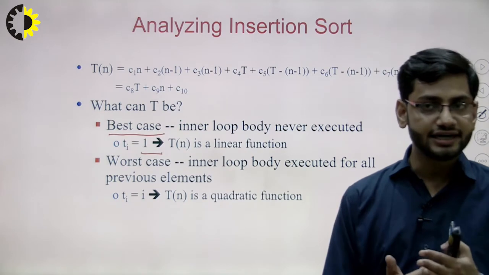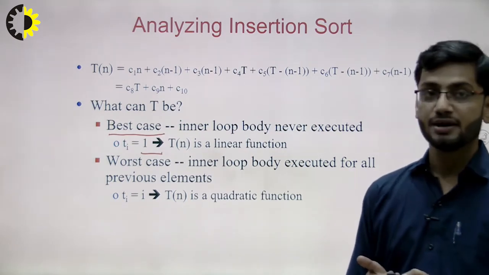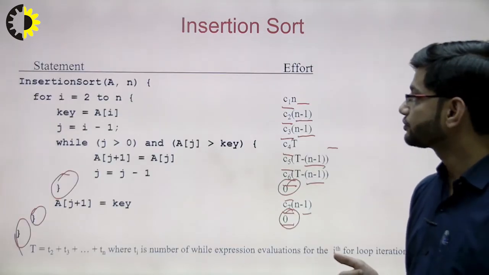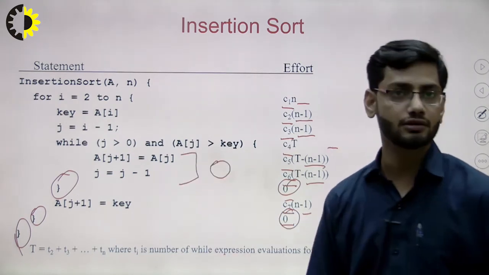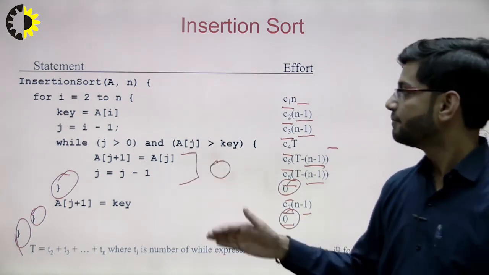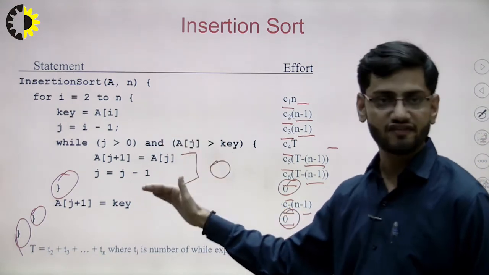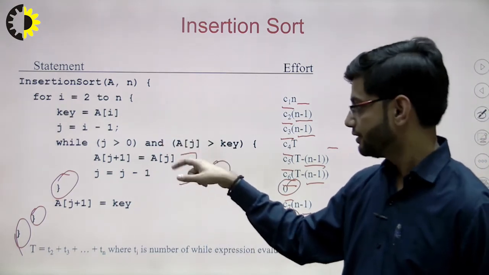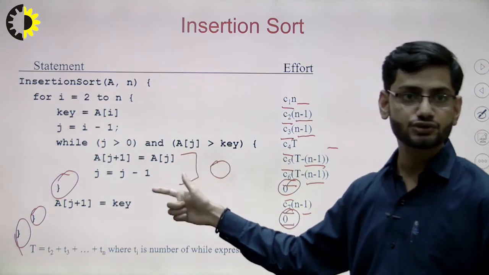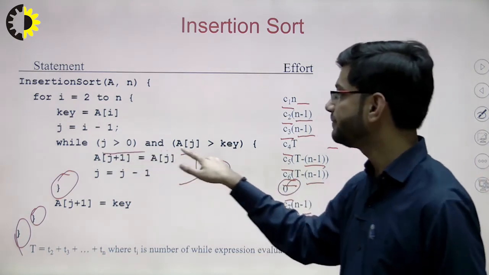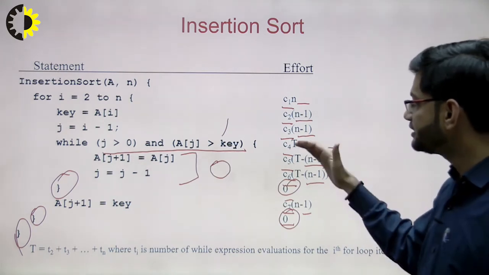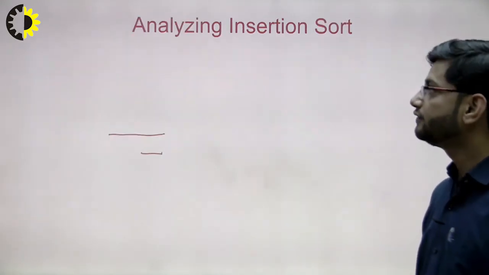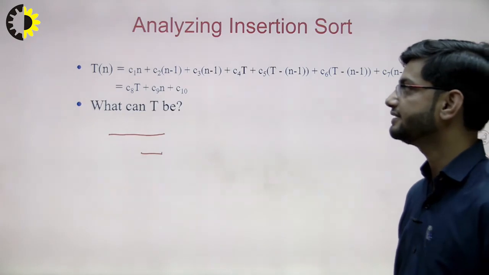We will not enter into the while body, which means the execution frequency of these two statements will be 0 in the best case, and this will be executed only one time. If you put these values into the formula, you will get the best case as linear time.